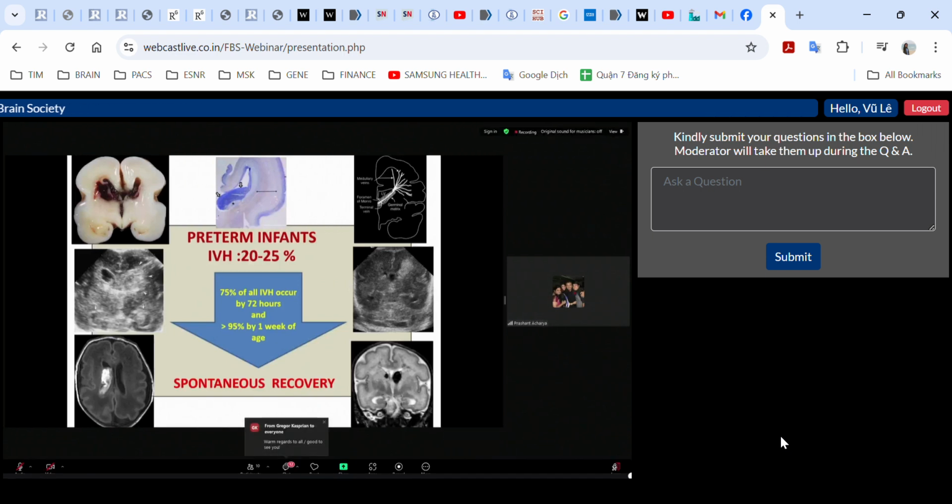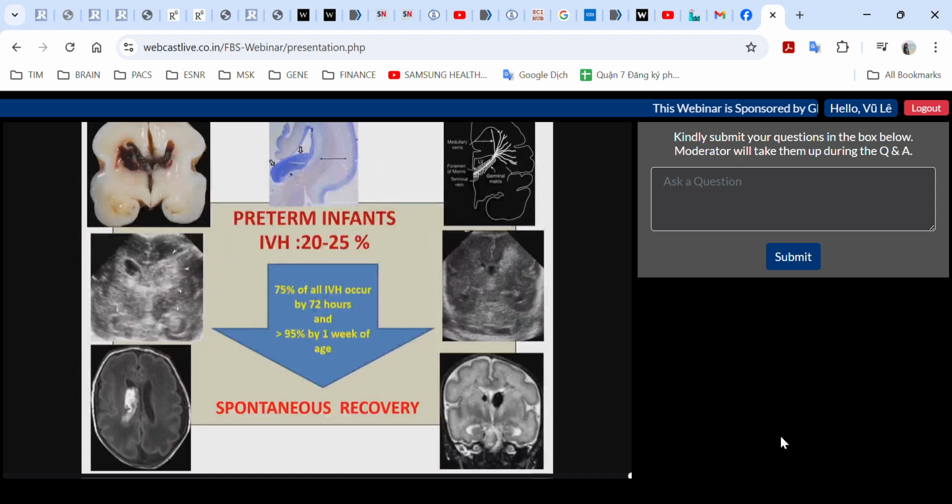About a quarter of preterm infants have an intraventricular hemorrhage, and it is in the terminal vein of the germinal matrix that the hemorrhagic event typical of the premature infant originates.